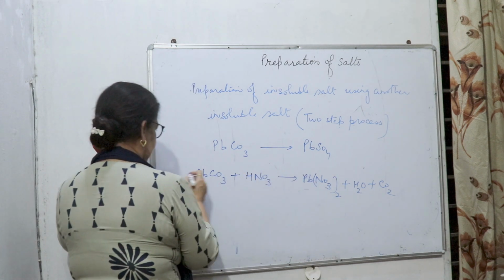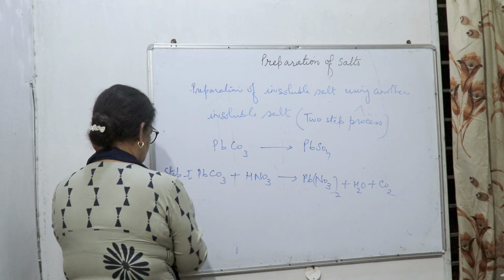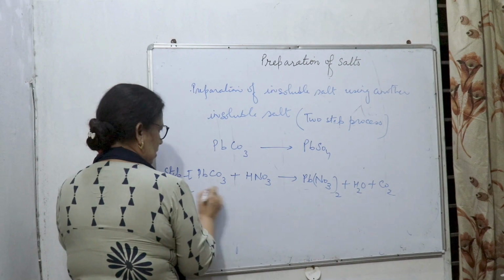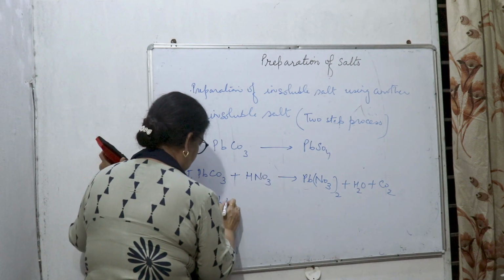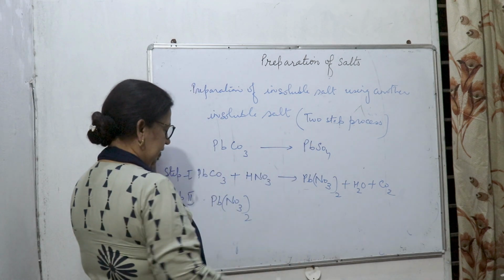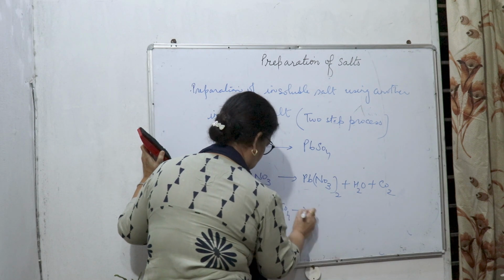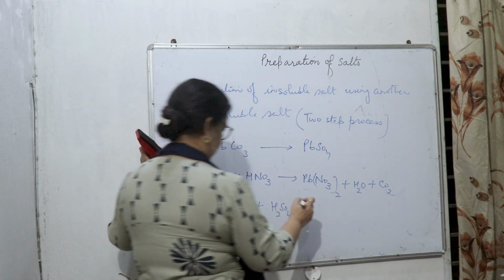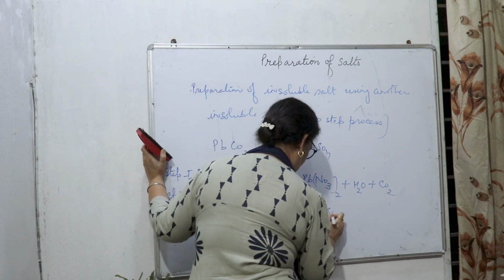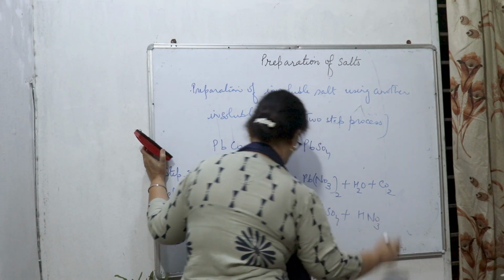Now we'll take this nitrate, this is step 1, and step 2, this lead nitrate Pb(NO3)2, we have to convert it into sulfate, so we'll put H2SO4 into it, and this will give PbSO4 plus HNO3.